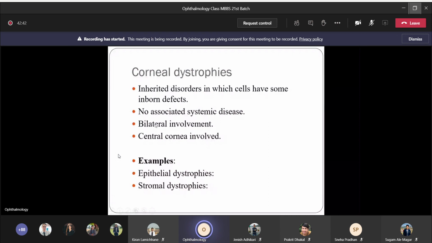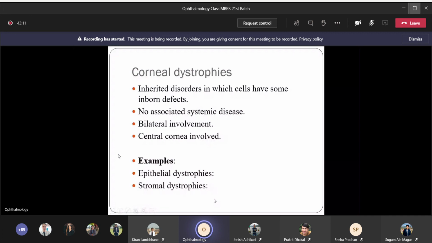It is bilateral, whereas degeneration is unilateral, and the central cornea is involved in dystrophy, whereas in degeneration it is peripheral. Examples of corneal dystrophies are epithelial dystrophies and stromal dystrophies, and you can also have endothelial dystrophies, according to the various layers of the cornea.